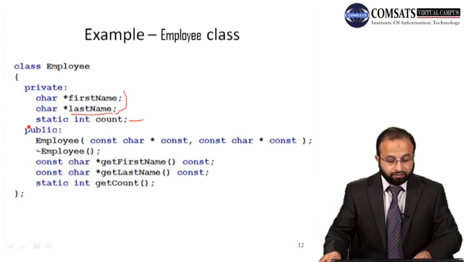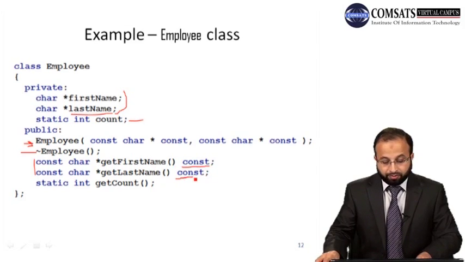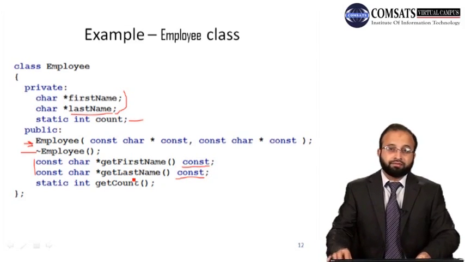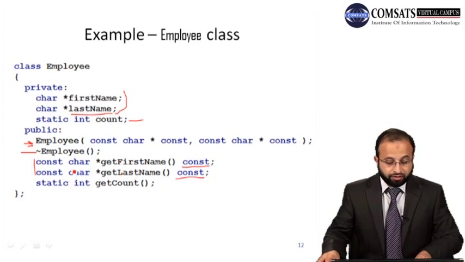Then we have the public functions. The first function is of course the constructor. The second one is the destructor, and then we have the constant functions get first name and get last name. The const at the end represents that these are constant functions, and these two functions return a const character pointer.